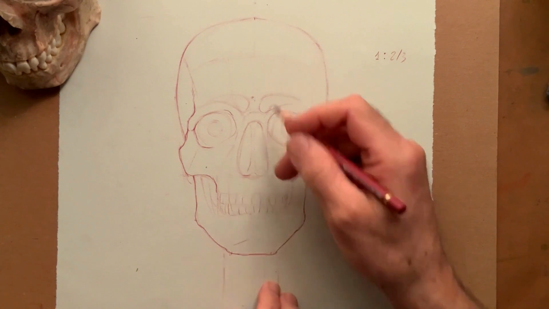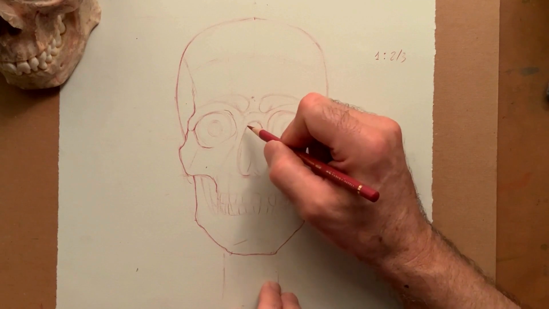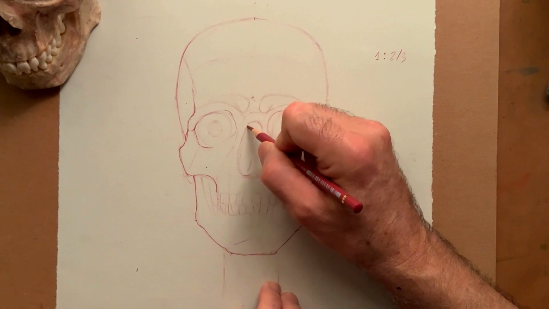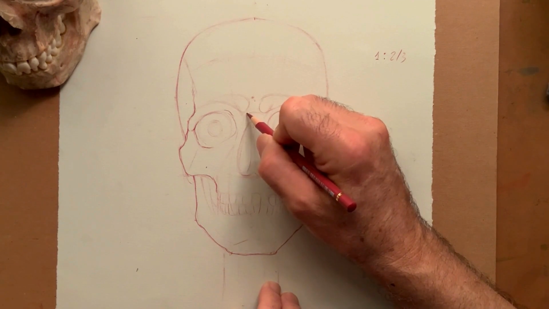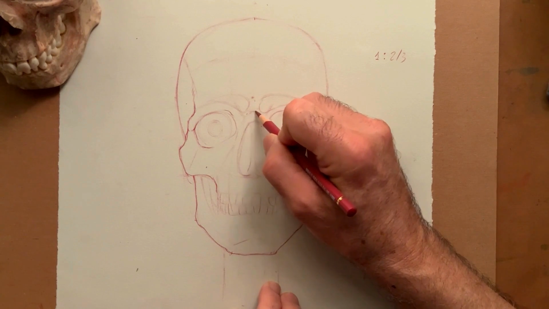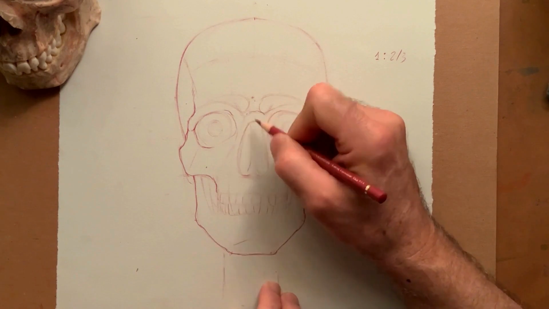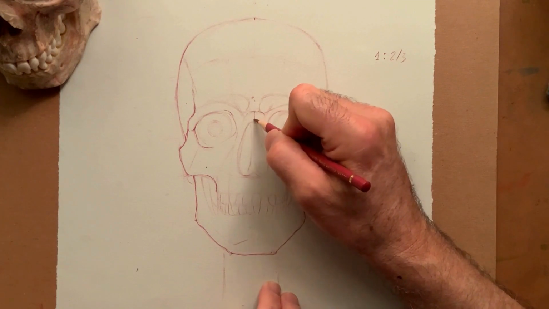Like this, right? So now the nasal bone, the nasal bone is kind of short, right? And here at the nasion, there's a little bit of a suture like this, right? That's where it begins. And then it's divided in two segments like this, right here.